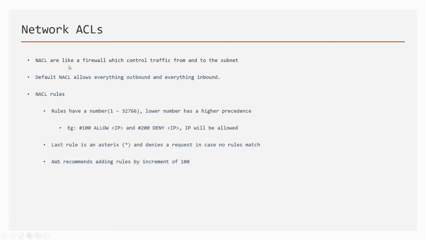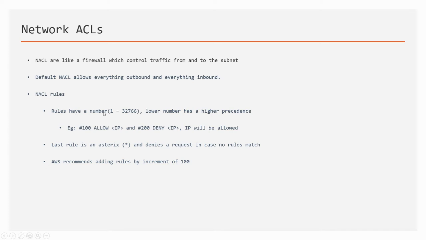All these things are defined by the firewall, or the NACL. Everything that is inbound and outbound is controlled by NACL, and by default, NACL allows everything to be inbound and outbound.